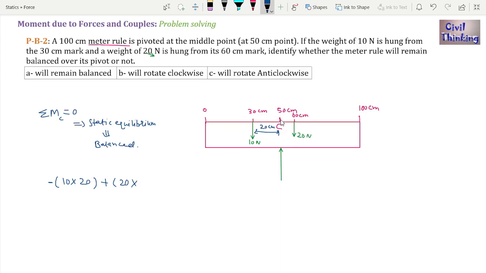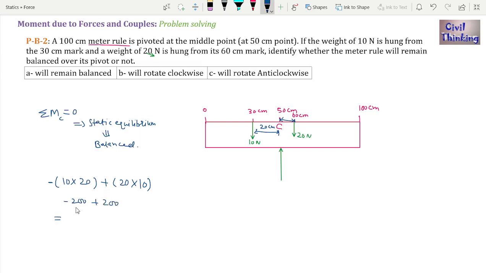This is the 50 centimeter mark and this is the 60 centimeter mark, so the distance between them is 60 minus 50, which is 10 centimeter. Now 20 multiplied by 10 is 200 with a positive sign, and the first one is minus 200.